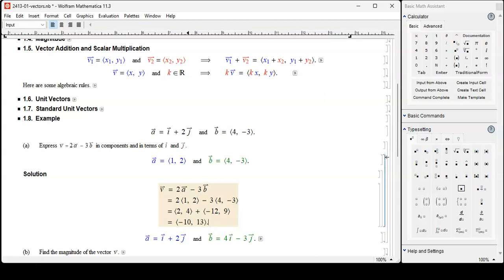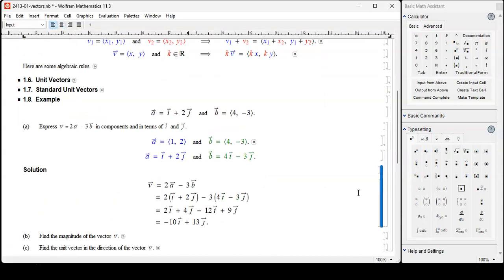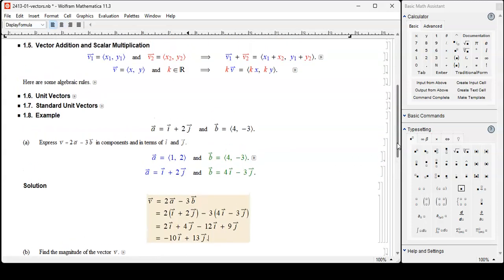You can use this, or you can use the ij expression and then use the usual algebraic manipulation. Break up the parentheses and collect the like terms. 2i minus 12i, so negative 10i. 4j plus 9j, so positive 13j. Either way, you get the same answer.